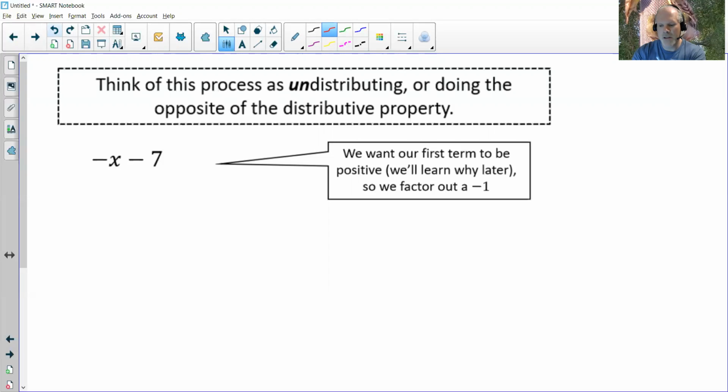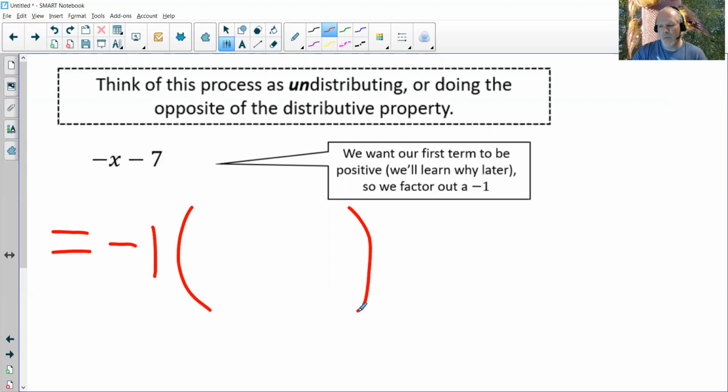So we can write this like this. Now we're asking ourselves, what number here multiplies by -1 to equal -x? So you would put x here, because -1 times x is -x.